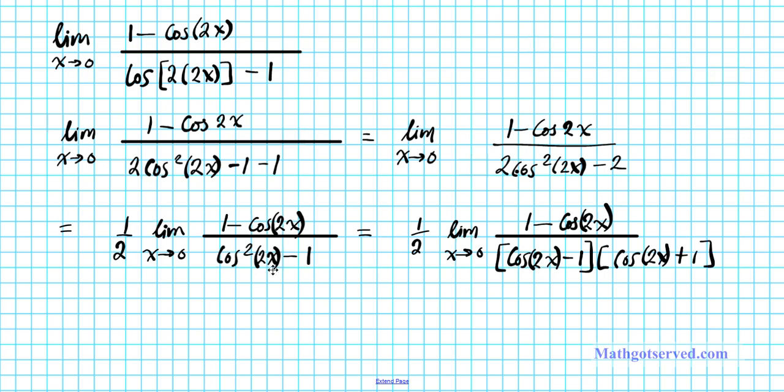Imagine a squared minus b squared factors into a plus b times a minus b. So that's what we have here.